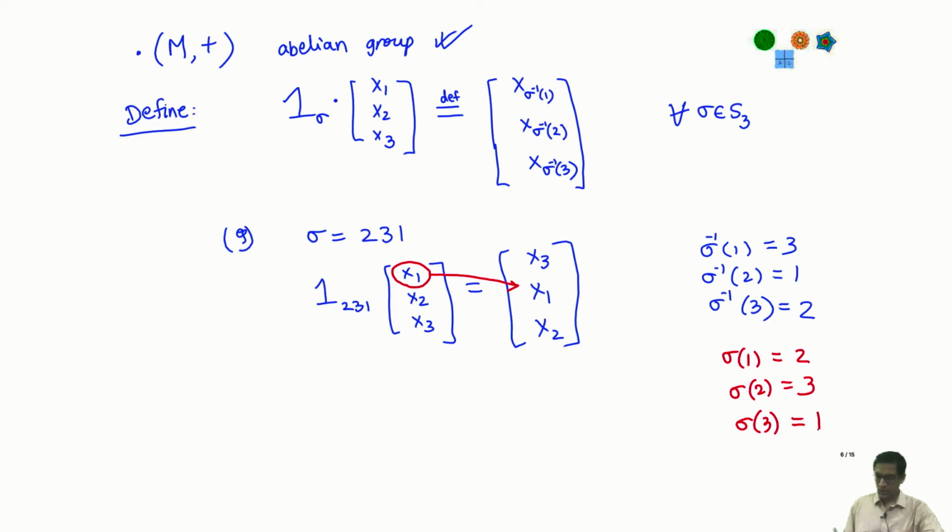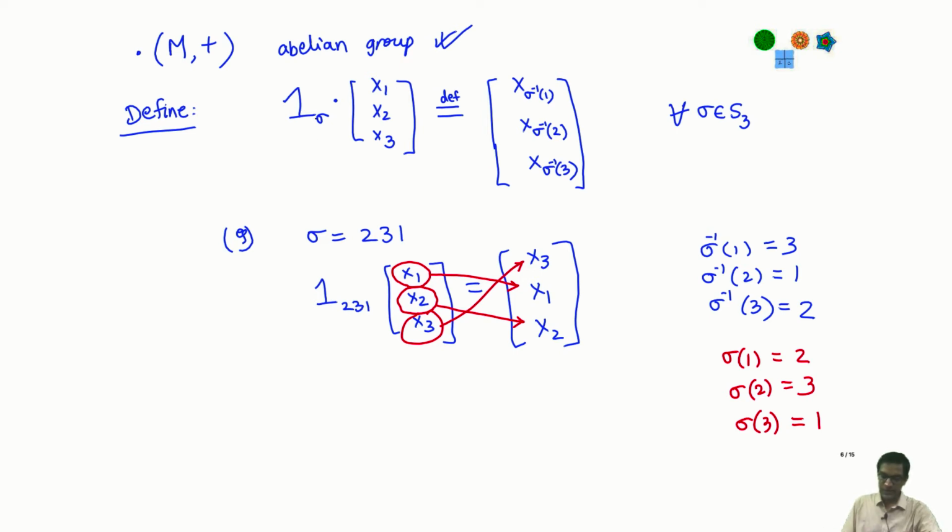So this action you should remember as follows. It takes the element in the first position and moves it to the second position. Now sigma of 2 is 3, so the x2 in the second position is moved to the third position, and x3, in the third position, gets moved to the first position. So this is what the element 1 sub 231 does.